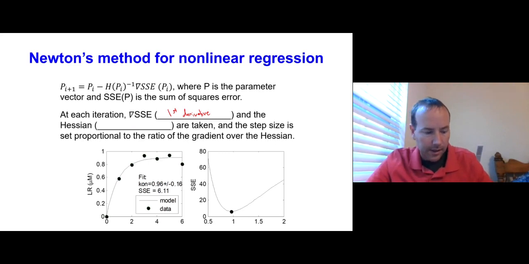The Hessian is like the second derivative. The basic idea is that by doing it not just on the gradient but also on the Hessian, we're going to be able to take larger step sizes, because we're looking at the ratio of the gradient and the Hessian.